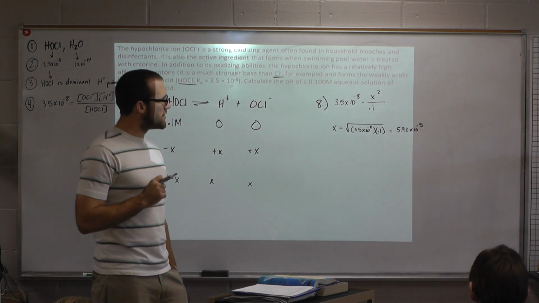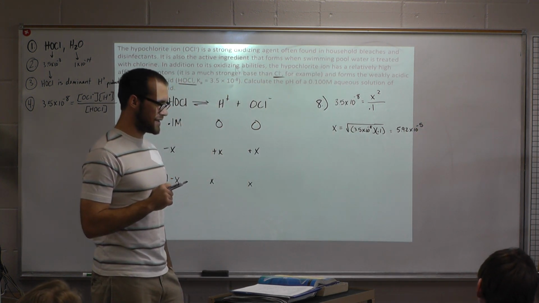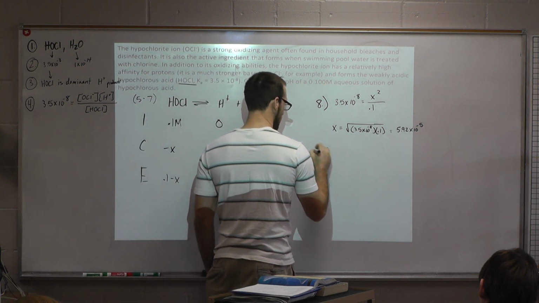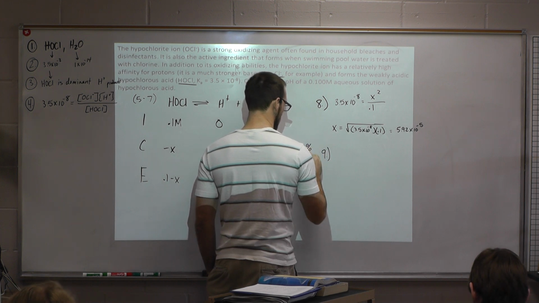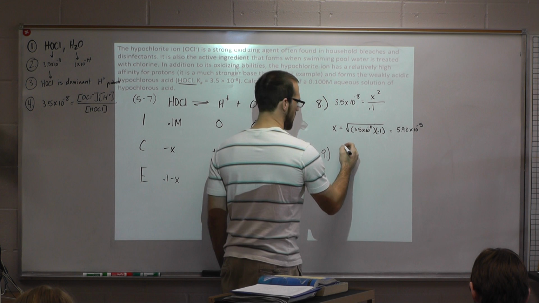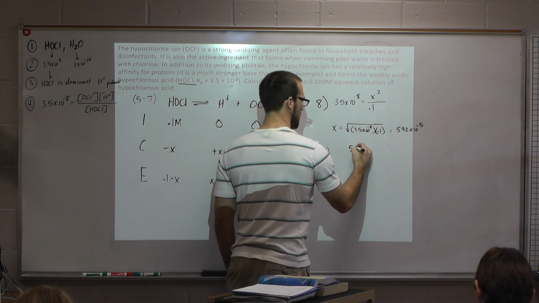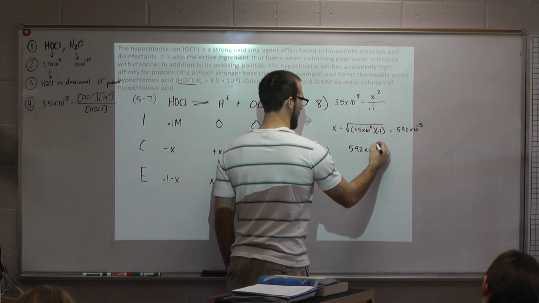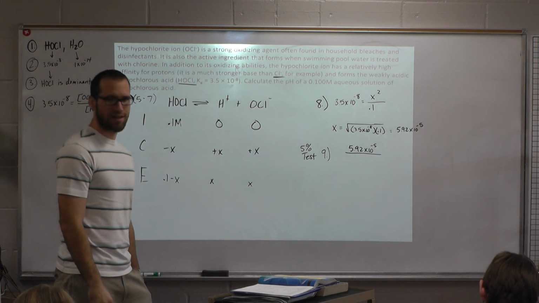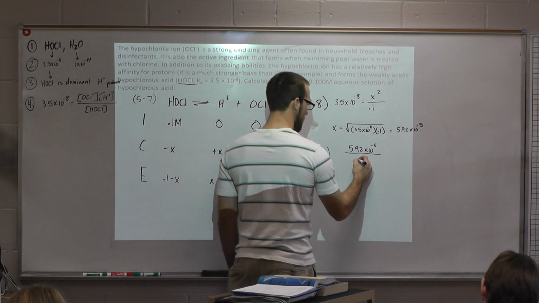Okay, we need to make sure that that is a safe approximation by doing what? Okay, it's going to be our change over our initial. And you could probably tell by how small that X is that it's going to give you less than 5%.